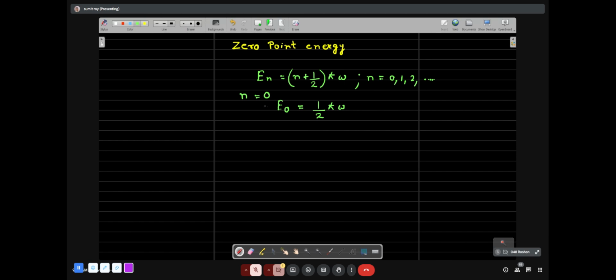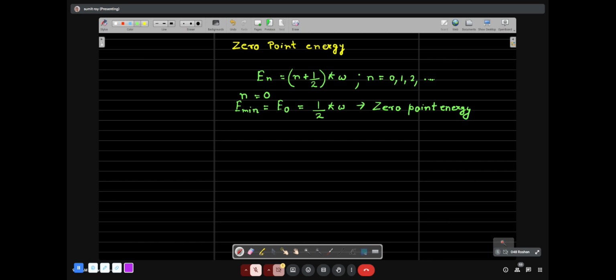Is this the minimum energy of the harmonic oscillator? This minimum energy of the harmonic oscillator is known as zero point energy.